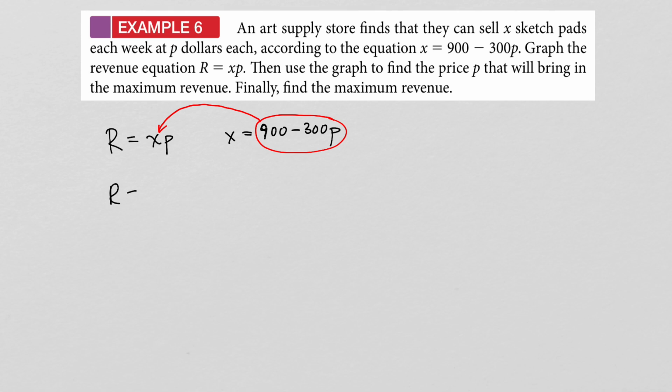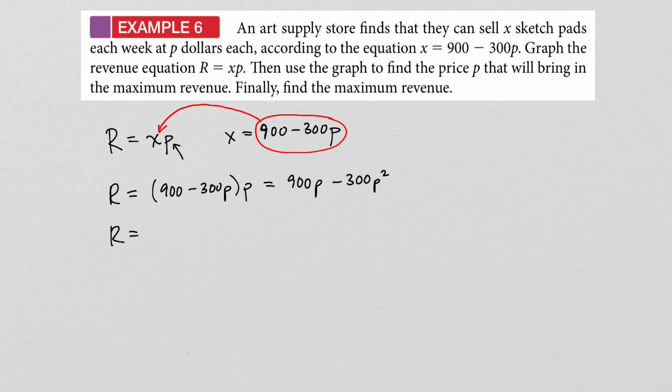And that's going to give us R is equal to 900 minus 300 times P, all multiplied by the P that you see here. And so this is equal to 900 times P minus 300 P squared.